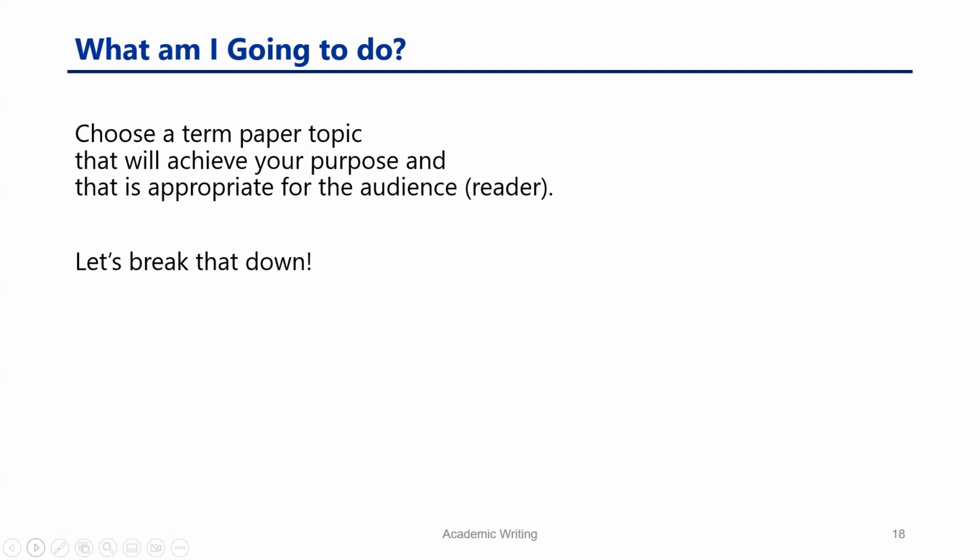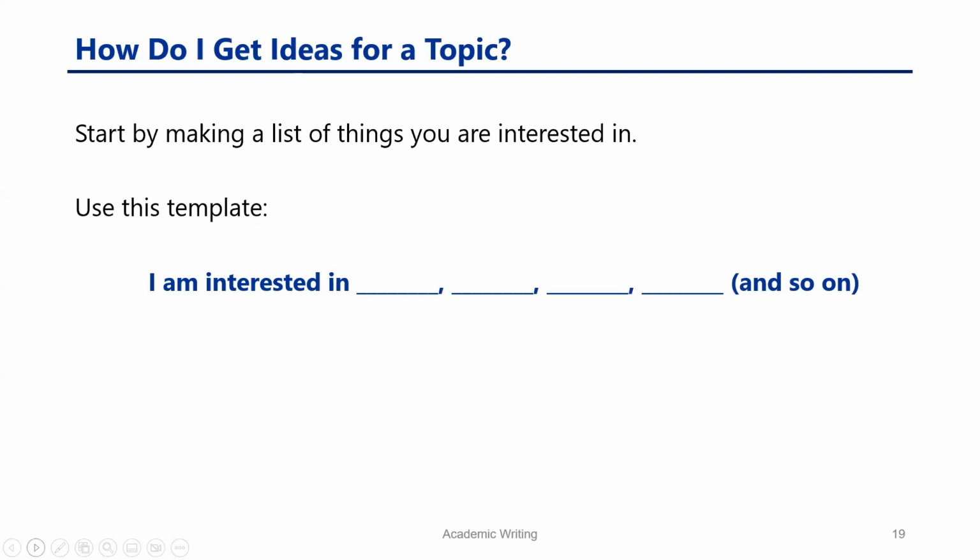And that's exactly what you're going to do on your own. So how do I get ideas for my topic? As we saw, just make a list of things you're interested in. Fill in the blanks in this template: I am interested in blank, blank, blank, and so on.